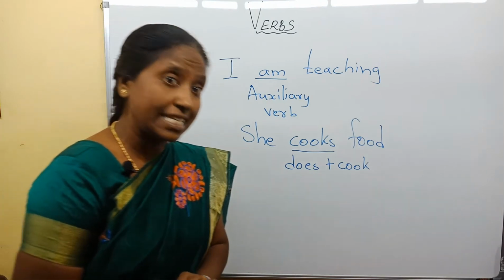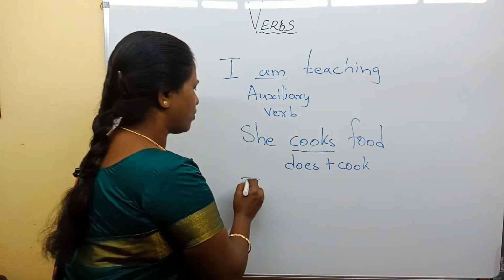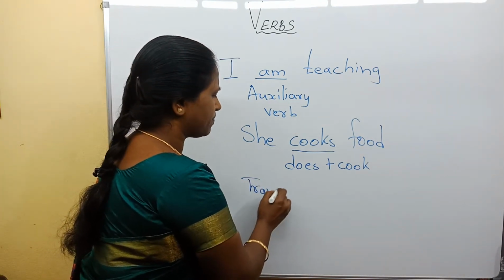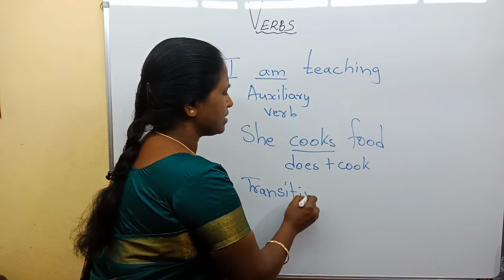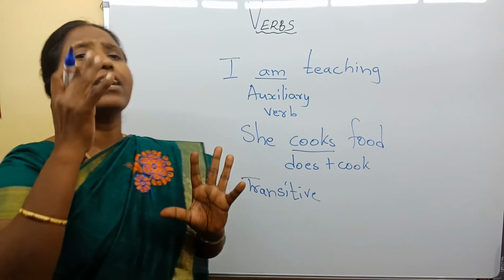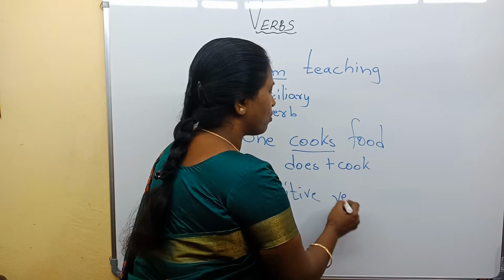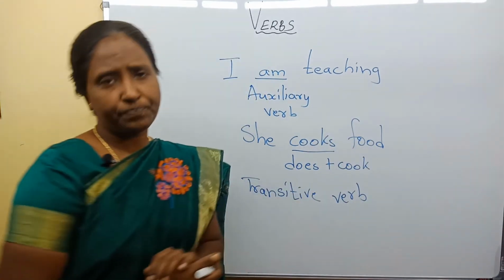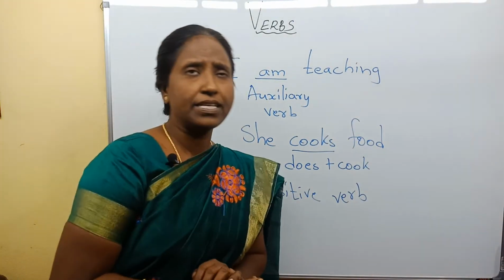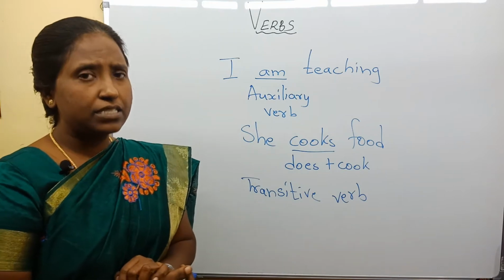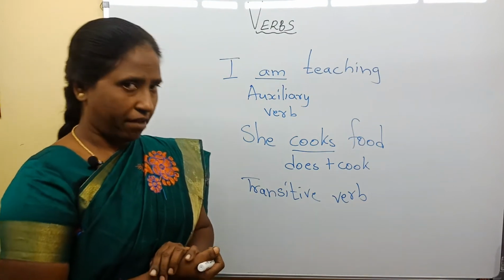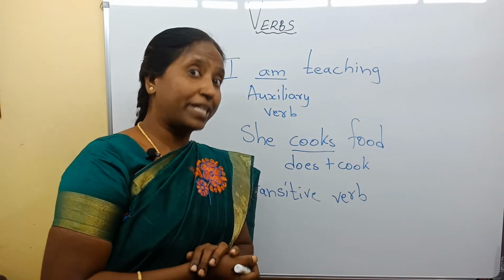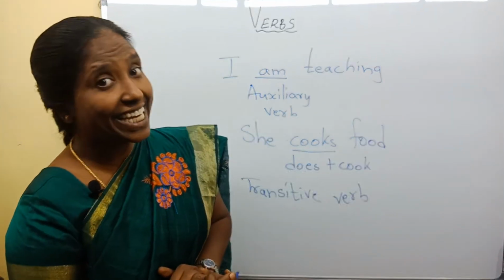We have the transitive verb. What do you mean by transitive verb? Transitive verb means the effect of the action falls on the object. Effect of the action means, I teach English. Now the effect of the verb teach falls on English.